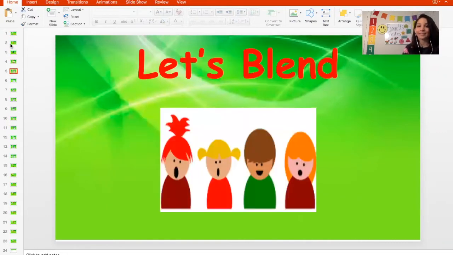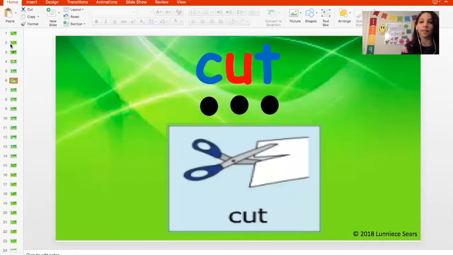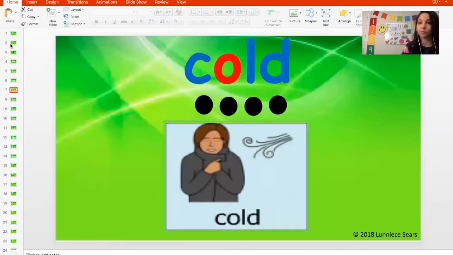So let's blend. I know that this C says k, k, k, because it's followed by an A: can. I know this C also says the k, k sound because it's followed by the U: cut. Cold, cold.